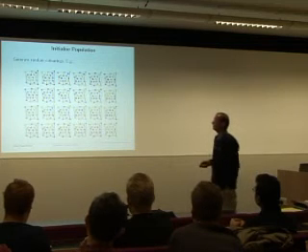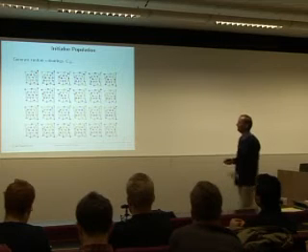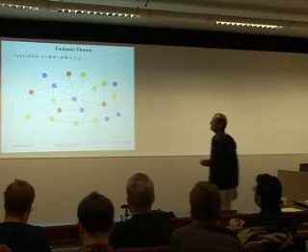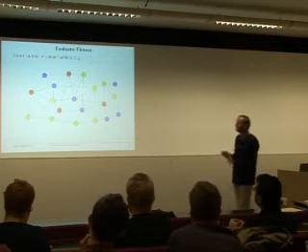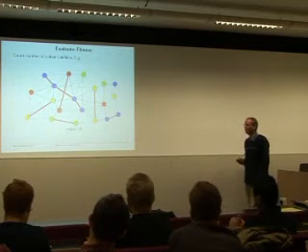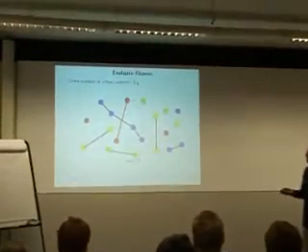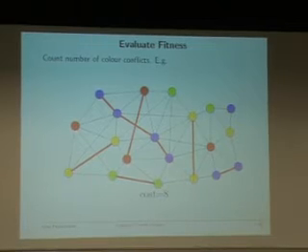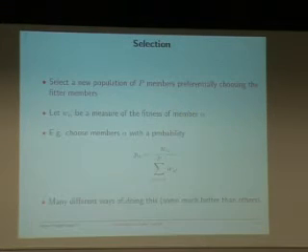So these are just randomly colored populations, and then you have to evaluate the fitness. So you take a graph and you count the number of edges where you have vertices that are the same color. In this case, the cost is 8.